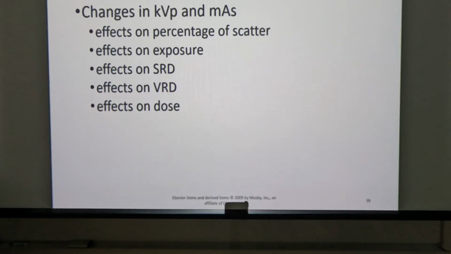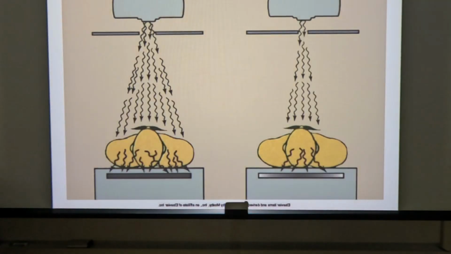If anything, you might improve sharpness of recorded detail if you increase KVP and reduce mass. You could potentially decrease sharpness of recorded detail if you went in the opposite direction with it, decrease KVP and increase mass. I can't think of a valid scenario where you would do that. And then effects on the patient exposure, it will go down. Effects on image receptor exposure will remain the same.